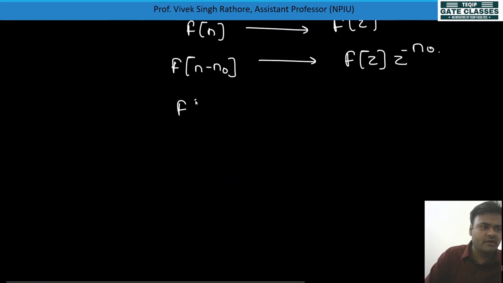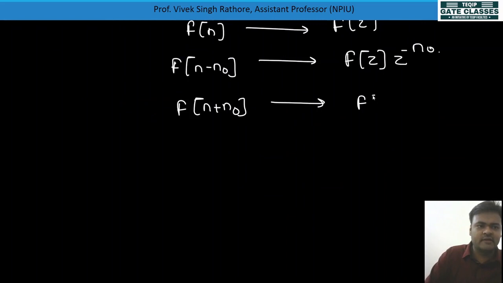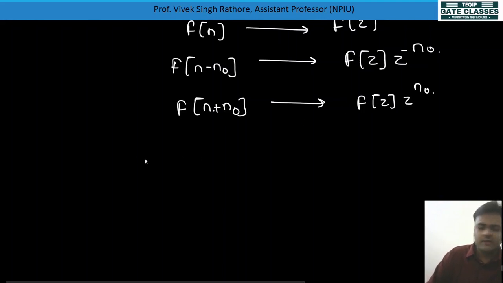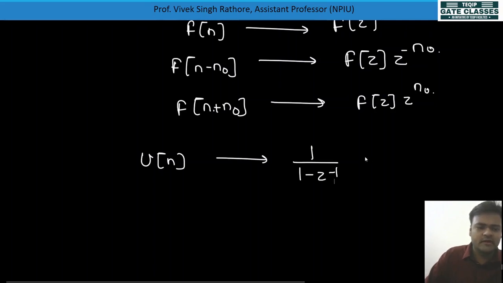If I tell you f of n plus n naught is there, then also you will take the z transform as F of z times z to the power n naught. So whatever the sign is, the same will follow. We'll take one example. Let's suppose u of n, its z transform is 1 by 1 minus z inverse, right?